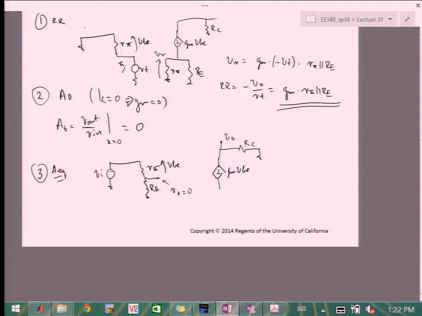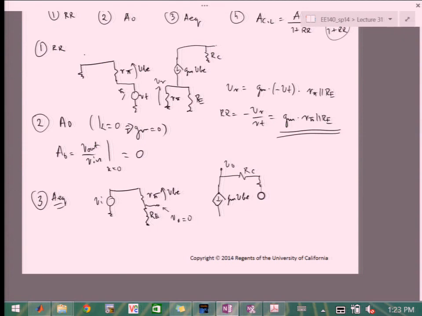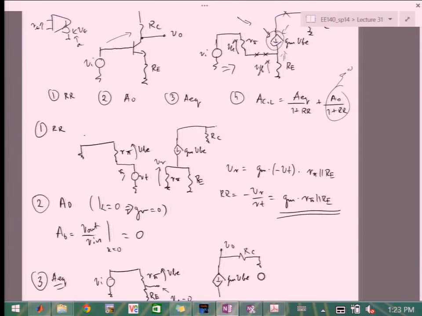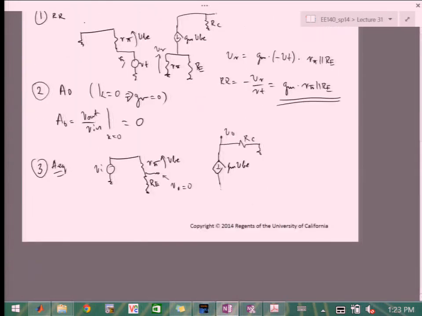And then we have to add the network that we see when Vin is 0. So when Vin is 0, if this node is 0, what do we see from here? Right. We see RE in parallel with R pi. So this is R pi, RE. And this node here is because Vi equals 0.